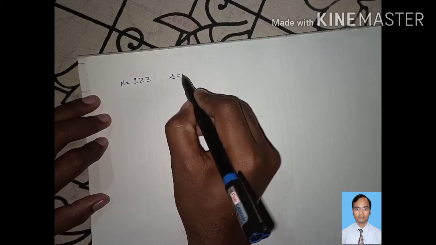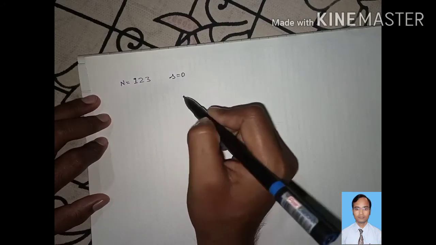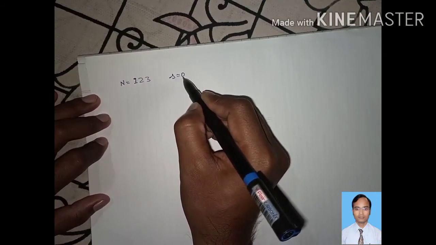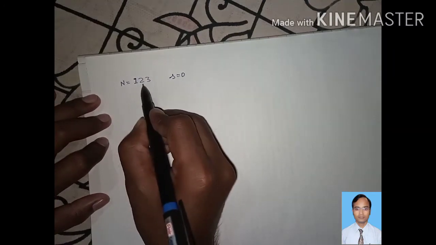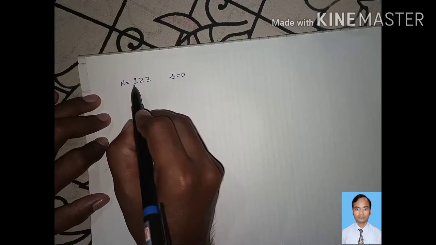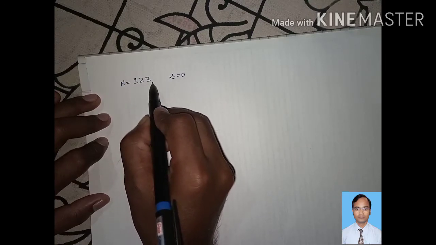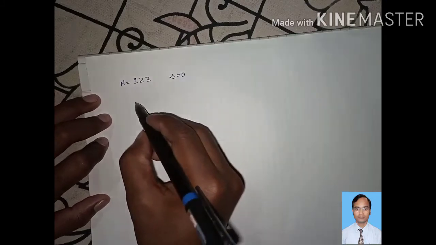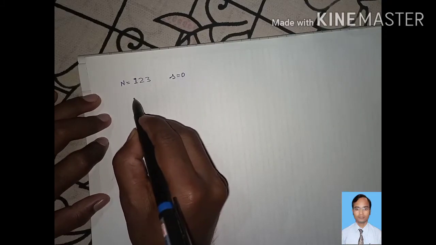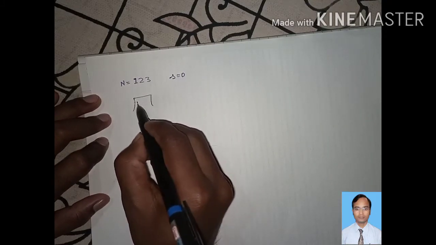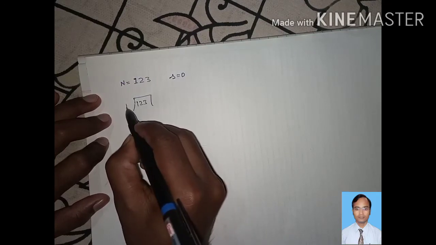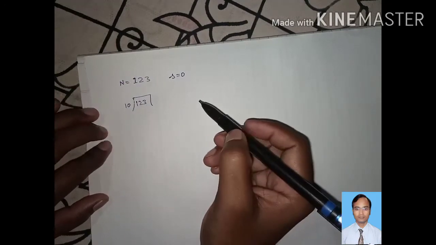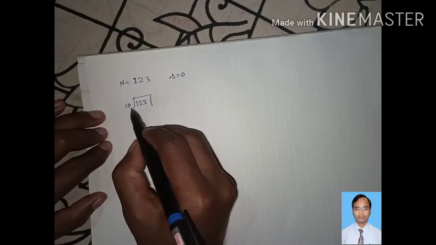Sum of digits is first 0, and I want to add all these digits. It means 1 plus 2 plus 3, and I have to store that sum in this variable. So first I have to divide 123 by 10. Just divide by 10.